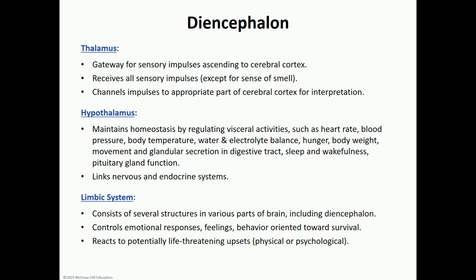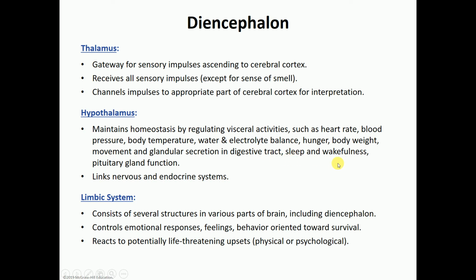So it has a lot of the thermostats, or the control centers, for body temperature, salt and water balance, hunger, satiety center, which means that now the person is no longer hungry, body weight, movement and glandular secretions in the digestive system, sleep and wakefulness.